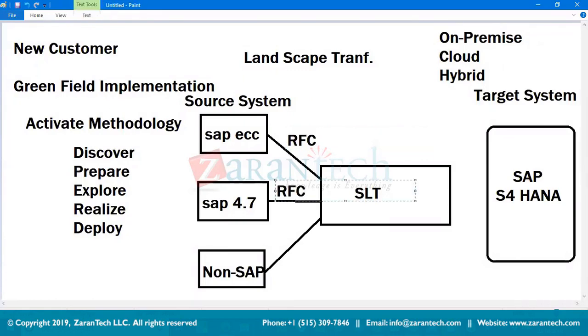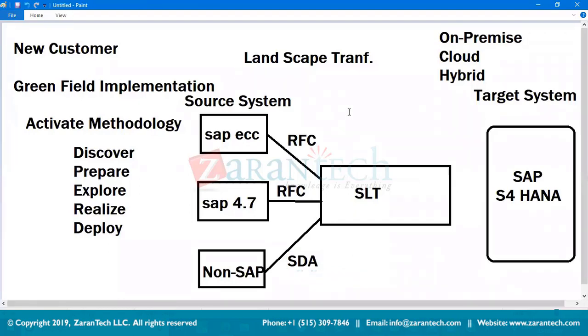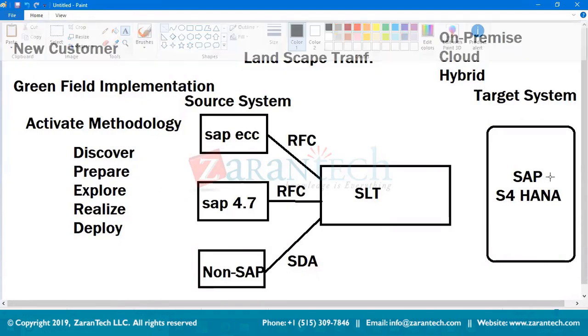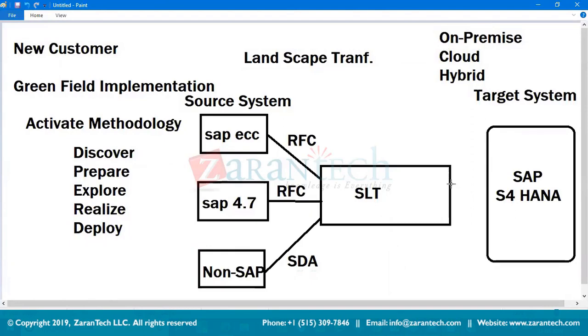But for non-SAP to SLT, RFC cannot work, so I need to use a different one, called Smart Data Access. I'll tell you what Smart Data Access is. Now I'm going to be replicating. This SLT is finally interfaced with your SAP S/4HANA like this.